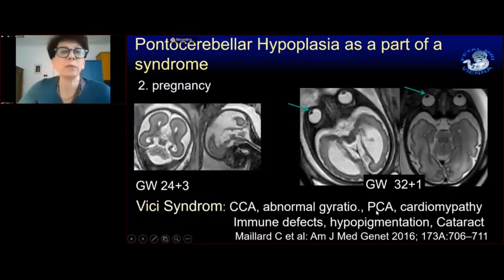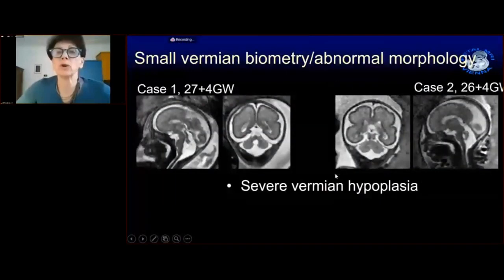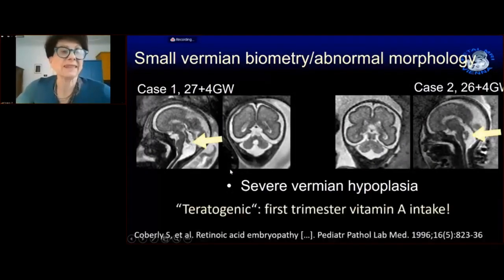And if you have small vermian biometry and abnormal morphology, as you can see here, with severe vermian hypoplasia in both cases, then it might also be teratogenic. In both cases, in the first trimester, the mother had a high vitamin A intake, leading to that malformation.